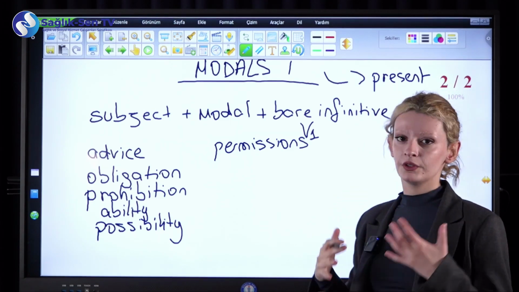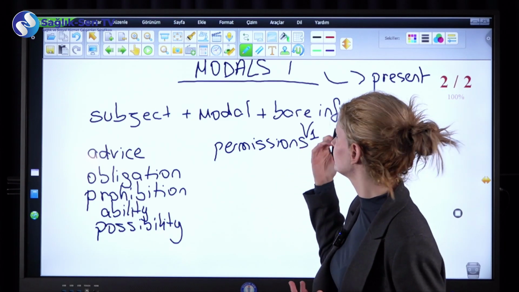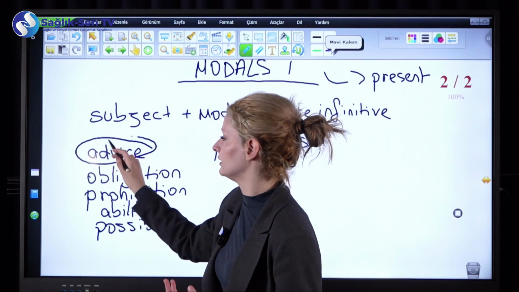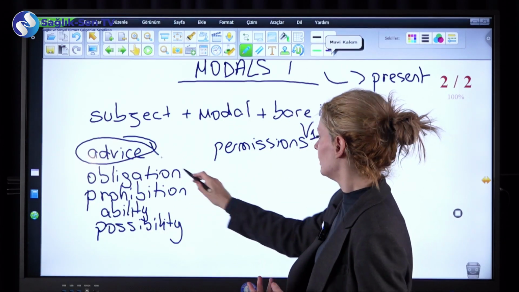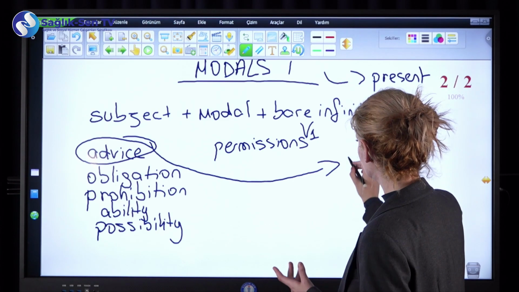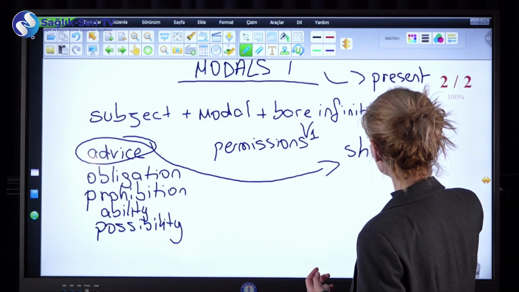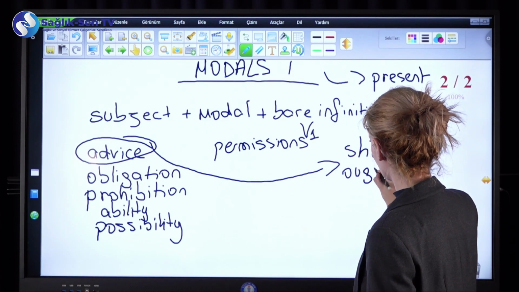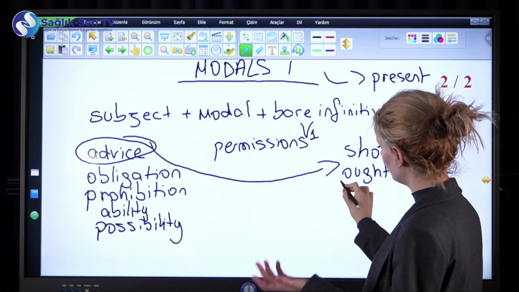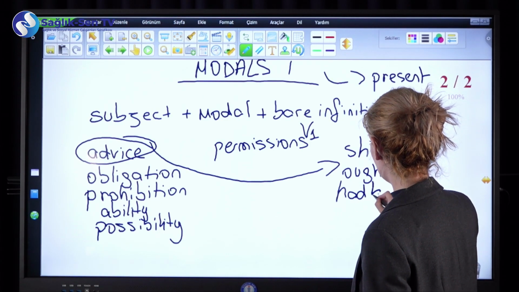So what modals do we use to give advice, to advise someone? We use should or ought to or had better.